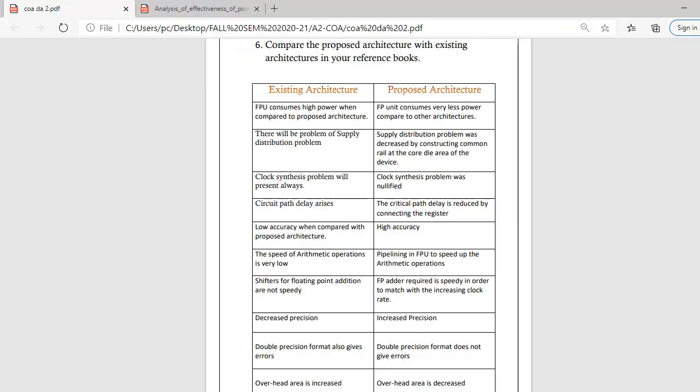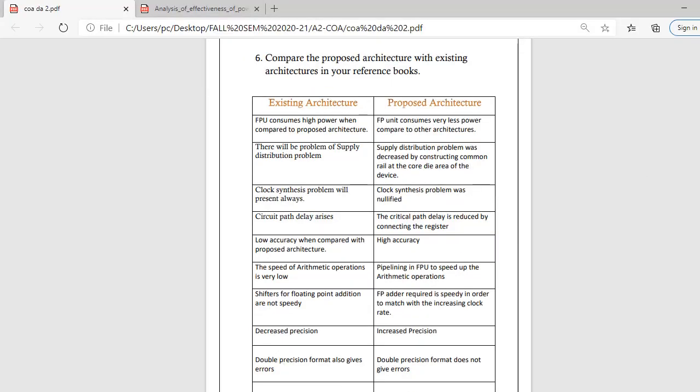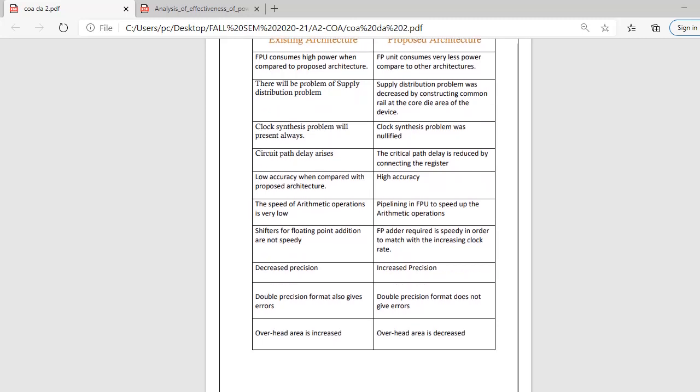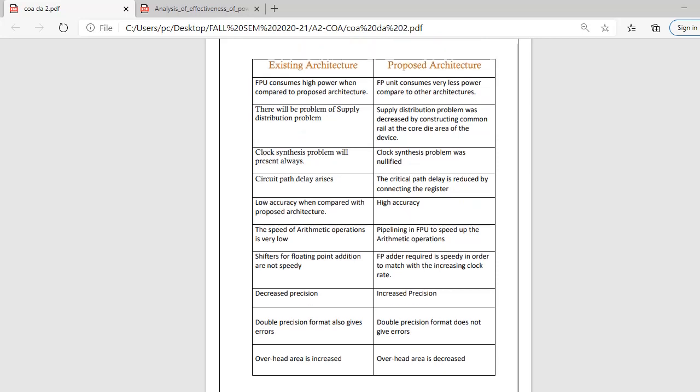Coming back to my DA, this is how I answered my sixth question using a textbook related to the COA syllabus and also online sites. Differences between existing architecture and proposed architecture in terms of power consumption, clock synthesis and accuracy, speed, shifters and precisions, and also area.